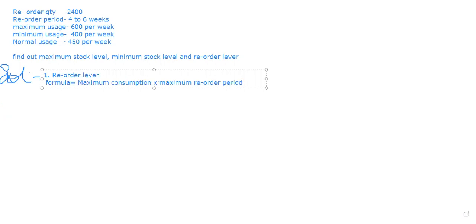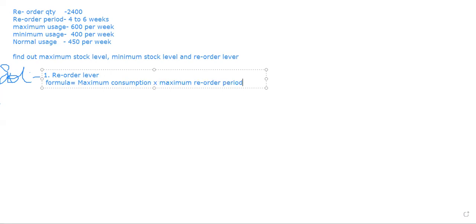So you have to learn by heart that the reorder level formula is the maximum consumption into maximum reorder period. Both are maximum. One is in units, which is multiplied by weeks. So we use the maximum number of units. Here the maximum usage given is 600 per week. The reorder period given is 4 to 6 weeks, it seems.